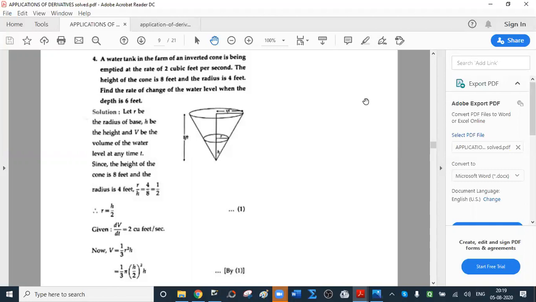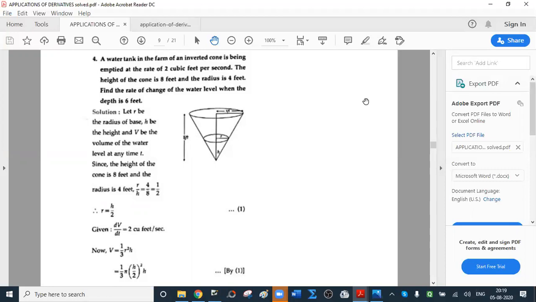Now this is an interesting sum. Sum number 4. A water tank in the form of an inverted cone is being emptied at the rate of 2 cubic feet per second. The height of the cone is 8 feet and the radius is 4 feet. Find the rate of change of the water level when the depth is 6 feet.